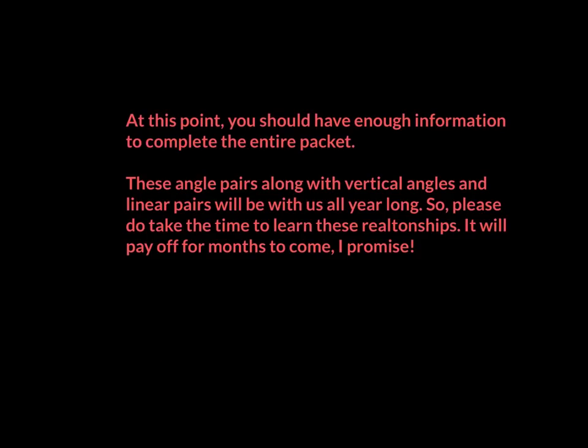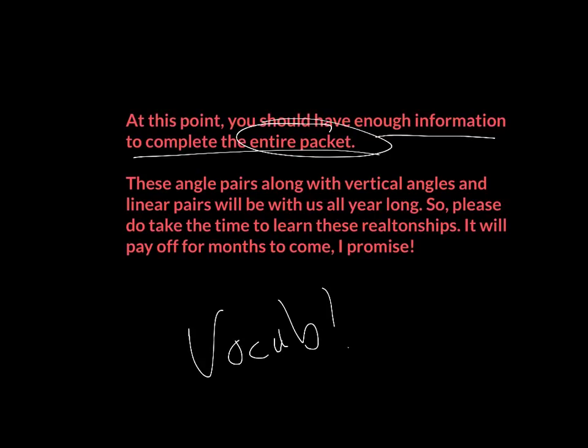At this point, ladies and gentlemen, you should have enough information to complete the entire packet. There's no arithmetic in here. It's all pure vocabulary, but it is important vocabulary.